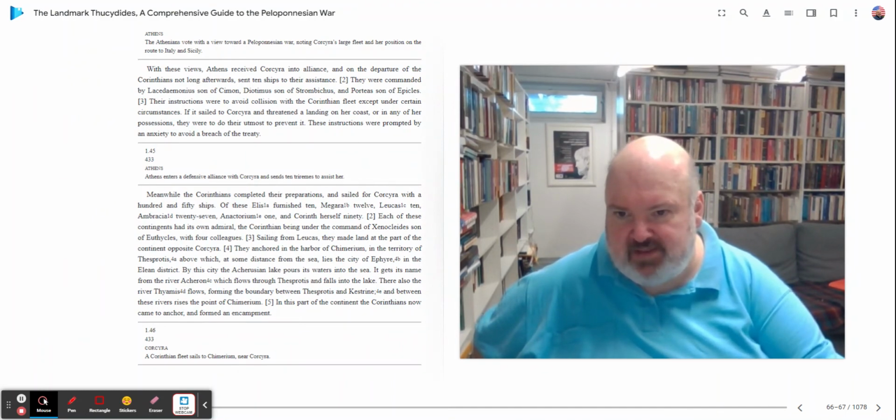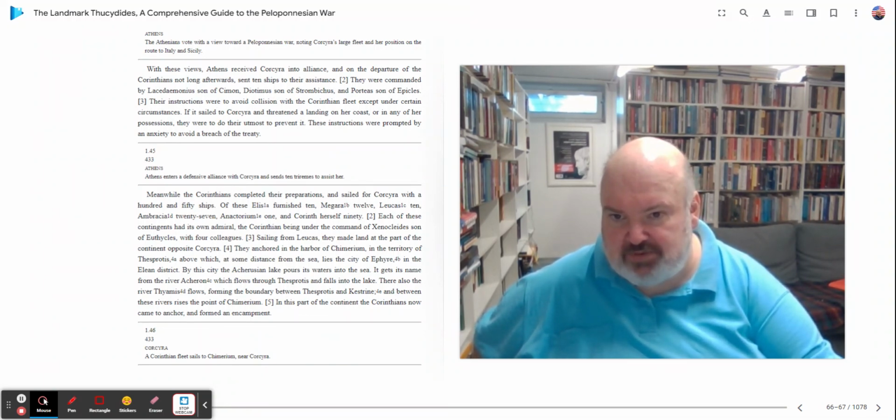With these views, the Athenians received Corcyra into the alliance. On the departure of the Corinthians, not long afterwards, ten ships were sent to their assistance. They were commanded by Lacedaemonius, son of Cimon, Diotimus, son of Strombichus, and Proteas, son of Epicles.